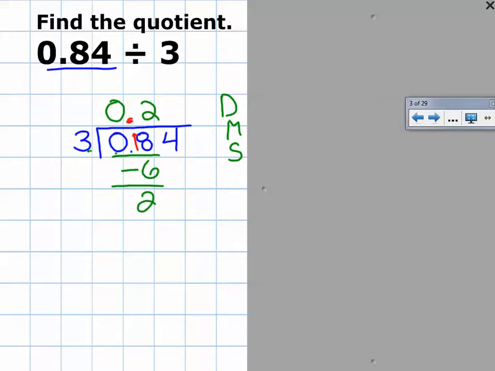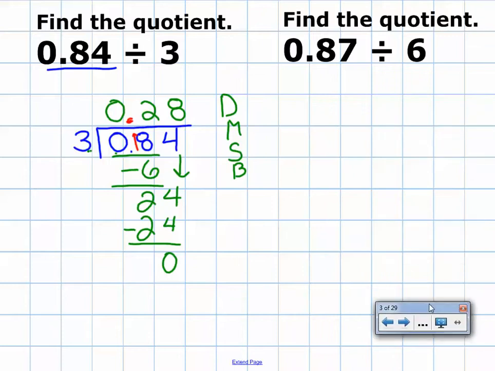And then I bring down my next number. So I would bring down my 4. And now I go back and repeat my steps again. How many times can 3 go into 24 now? It can go into it 8 times. 3 times 8 is 24. 24 minus 24 is 0. I am out of numbers to bring down and I don't have a remainder, so this is where this problem in particular would end. Let's do one more together as an example.